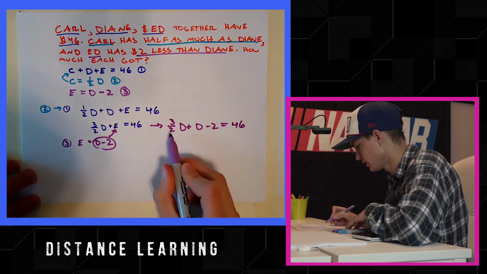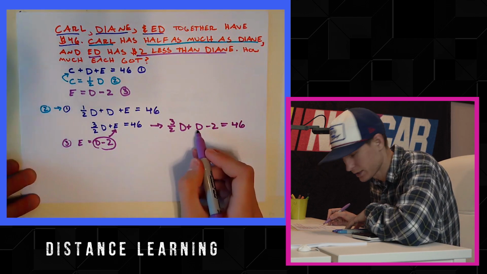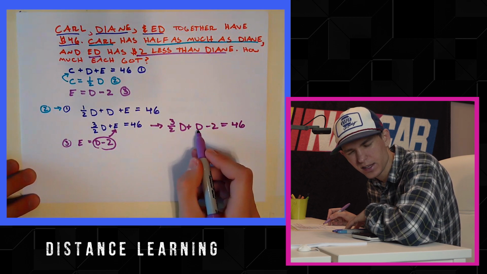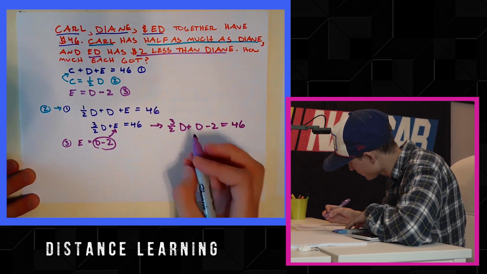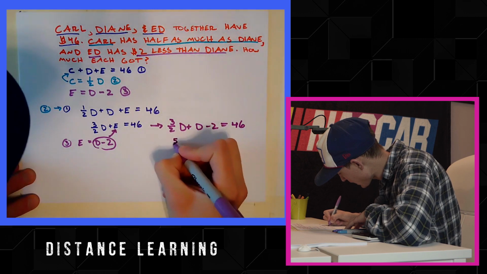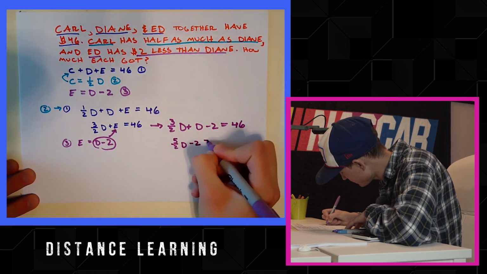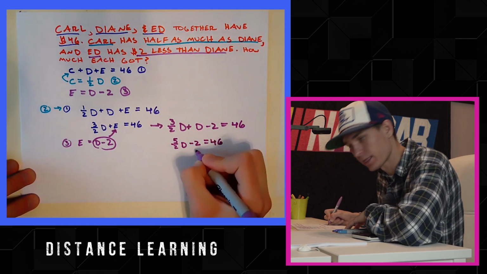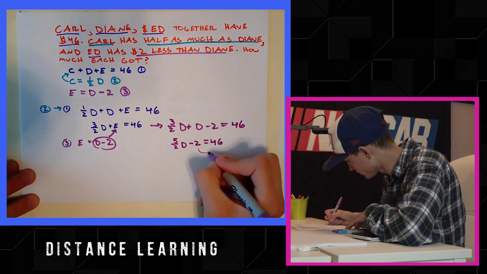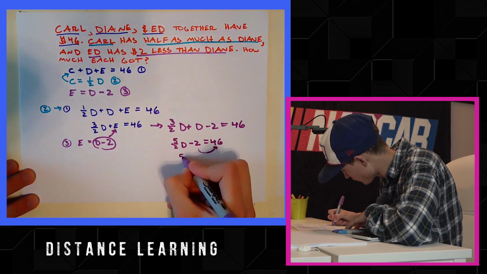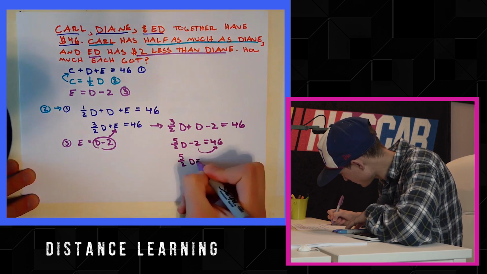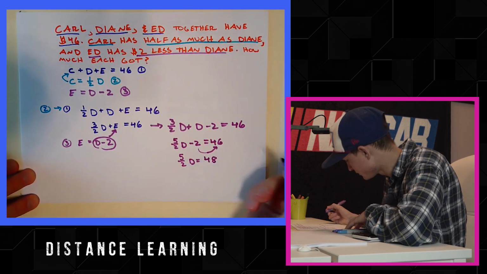All right. 1/2 plus 1 is 2/2, which is 5/2. D minus 2 is 46. Add over 2. So 5/2 D is 48.